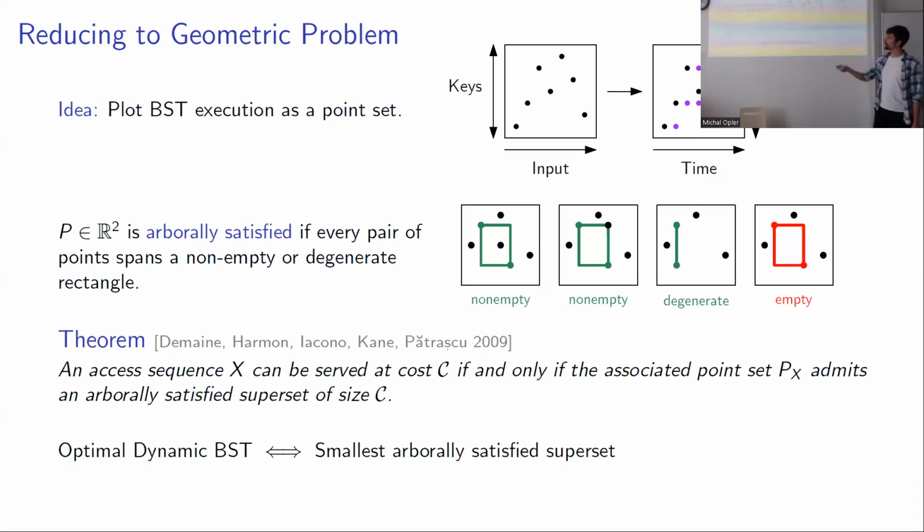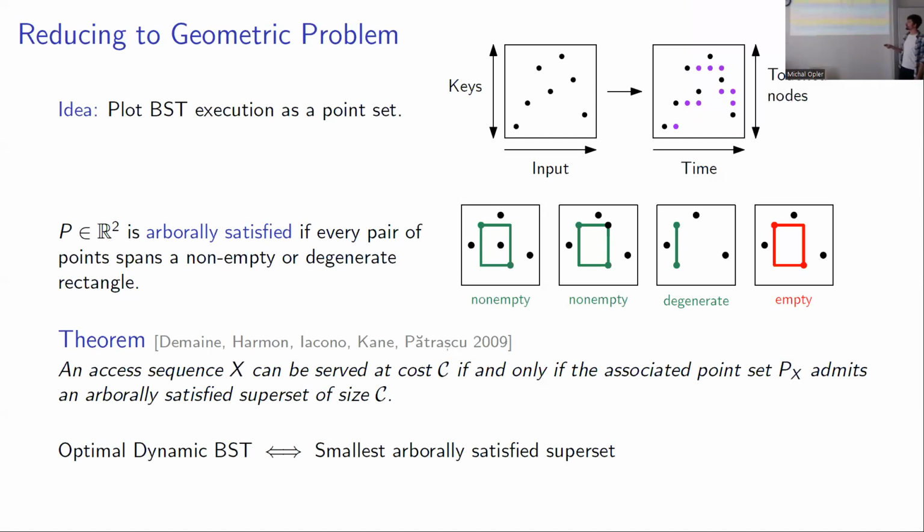So an access sequence, like the input to the offline dynamic BST, can be served at cost C if and only if, when we take the point set of the sequence, it has an arborally satisfied superset of size exactly C. So it's an exact characterization: if you take the BST problem and transform it to the point set, then asking about the optimal offline BST sequence is the same as asking about this arborally satisfied superset.